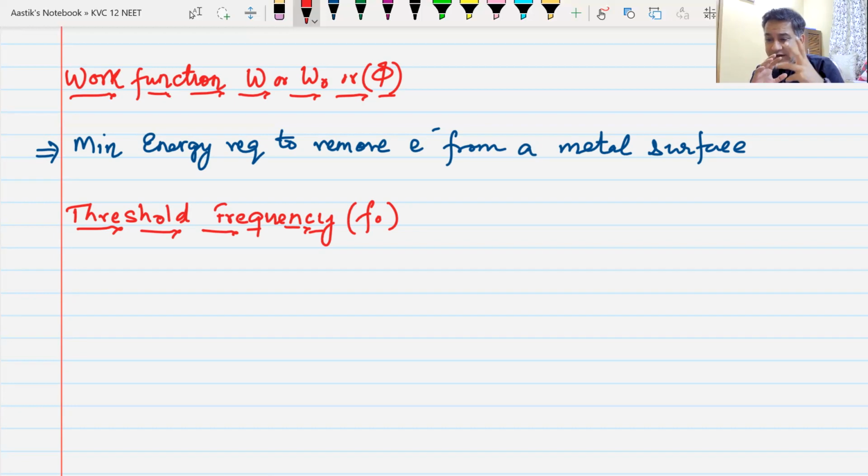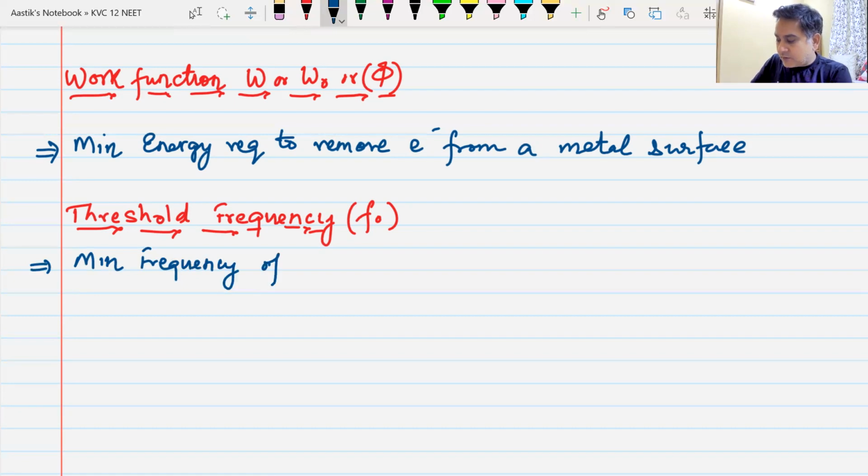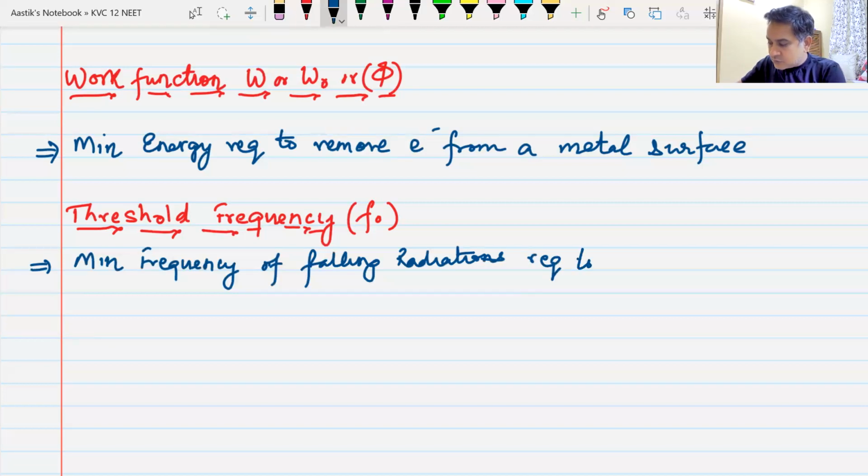Now, this energy of light comes from the frequency: E equals h f naught. Therefore, this is the minimum frequency of falling radiations required to emit electrons.